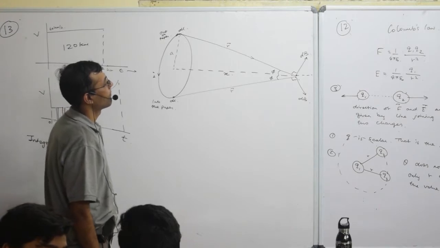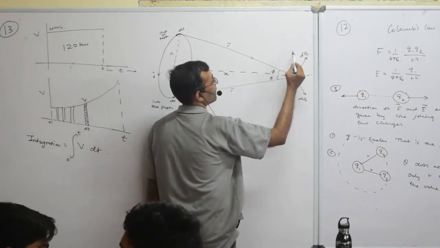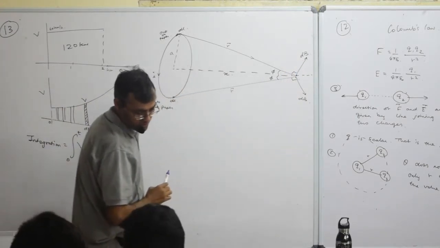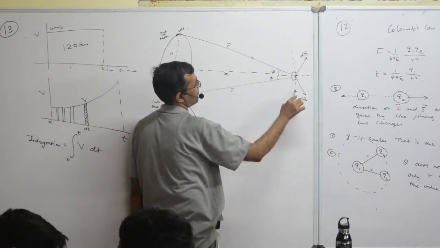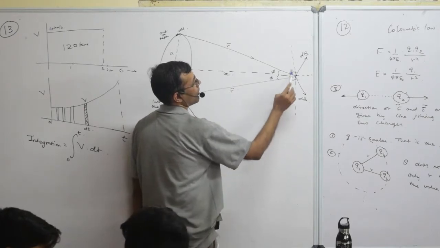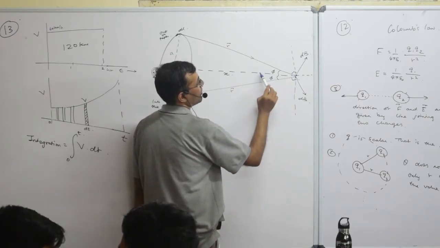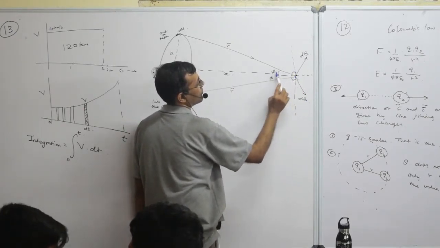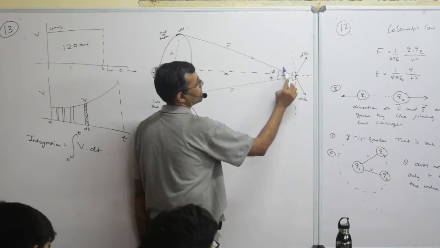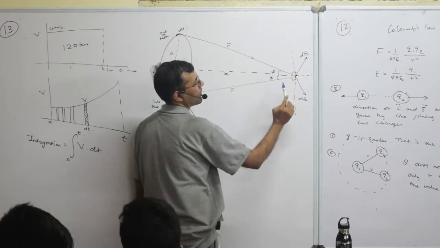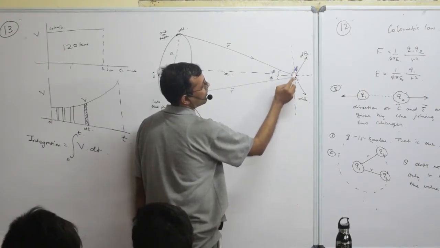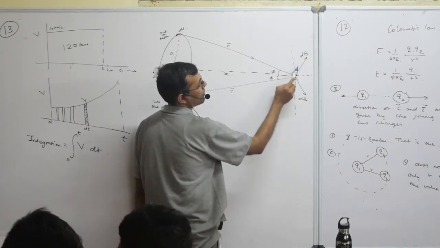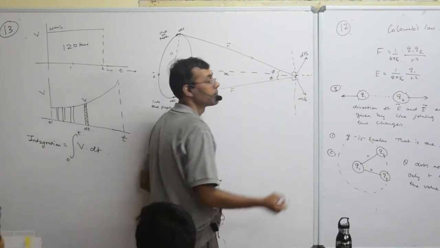If I draw a line like this, carefully listen. This line and this line are 90 degrees. So this is phi. What can you say about this one? 90 minus phi. If this is 90 minus phi and this is 90 degree, what can you say about this one? That must be phi.